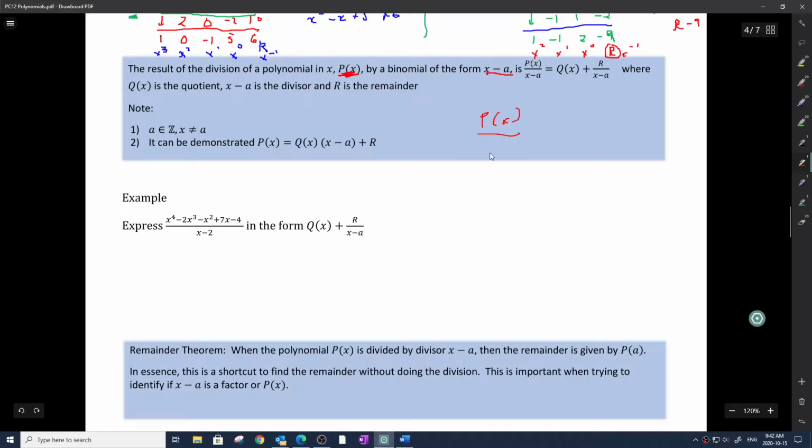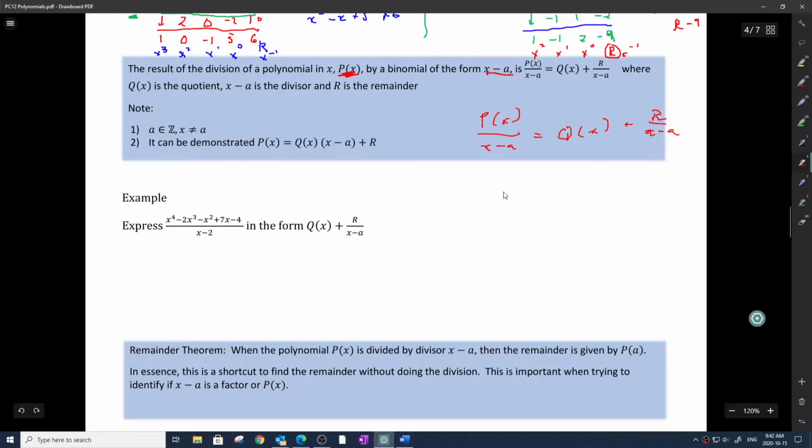Well, if we take a polynomial p of x and we divide it by x minus a, we could represent this as q of x plus r over x minus a, where q of x is the quotient, r is our remainder, and x minus a is our divisor.